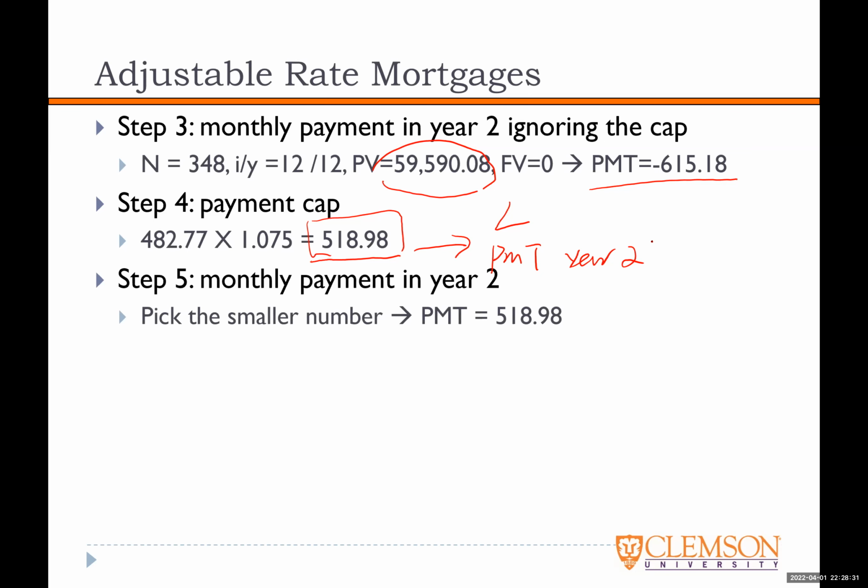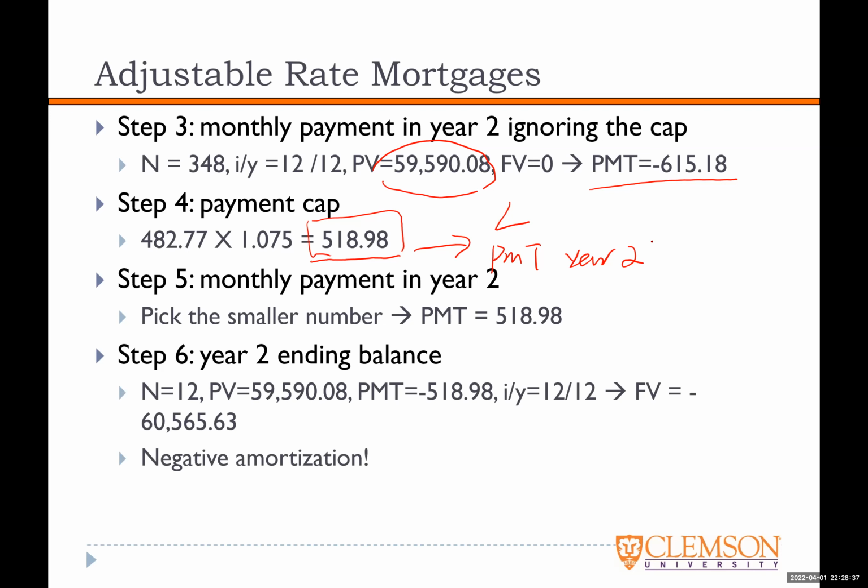Next, let's see how that cap payment affects the year 2 ending balance. So your approach is pretty simple. We use the future value approach. We know that the N is 12, right? So you're standing at the beginning of year 2. So you know that 12 months later, you would be making this payment, $518.98, 12 times.